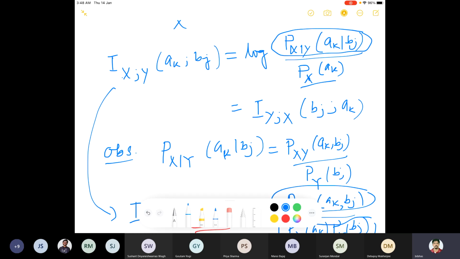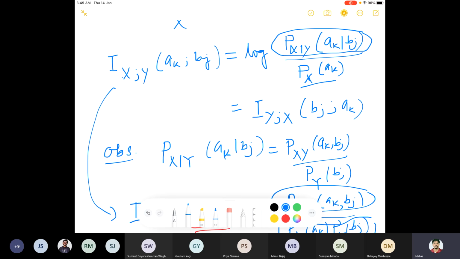Whenever this value Px(ak) is positive, and only then we define mutual information, of course. Positive means that there is a probability that ak will occur. So this event is uncertain, but this event may occur.